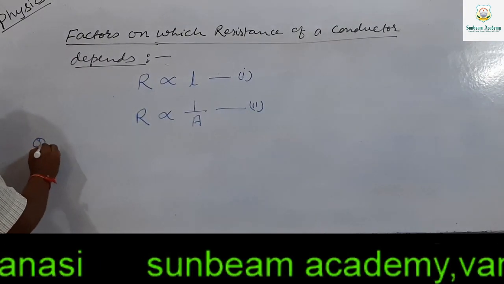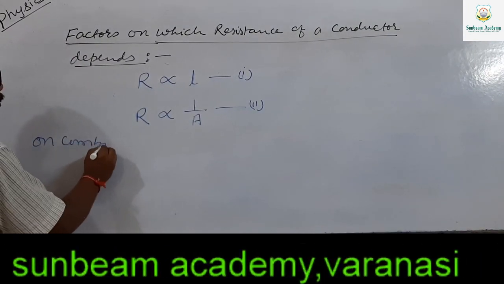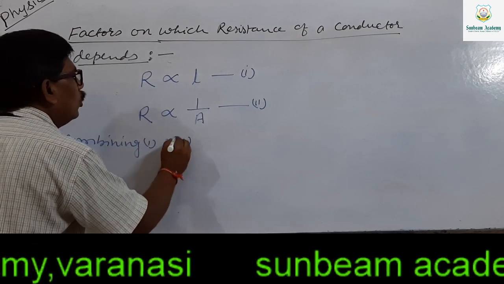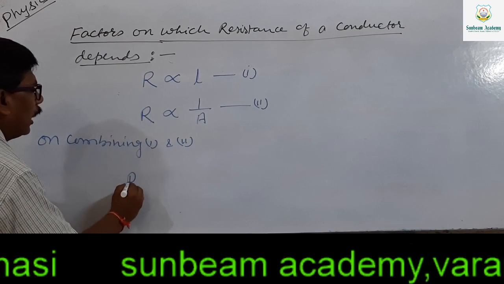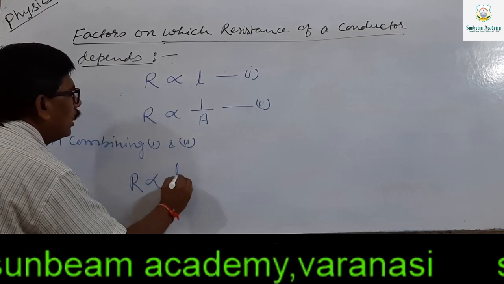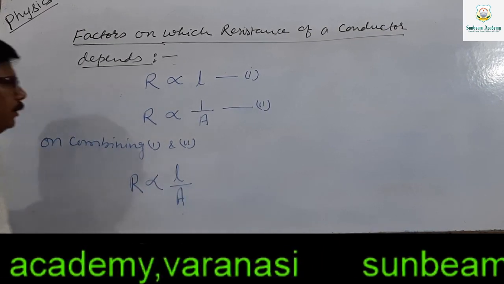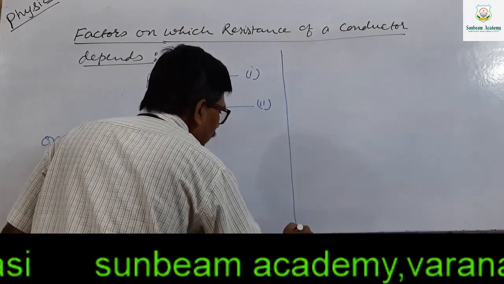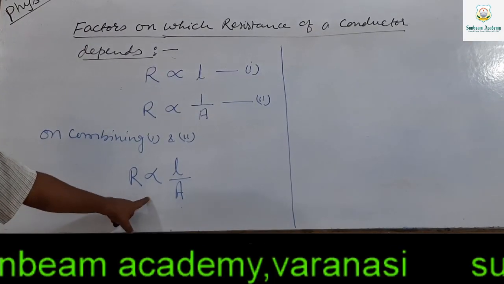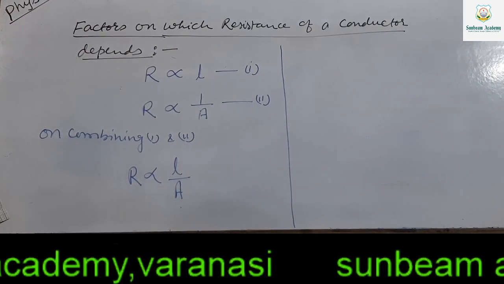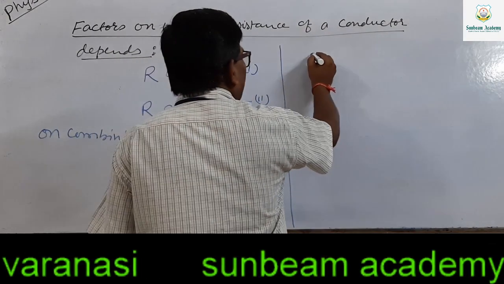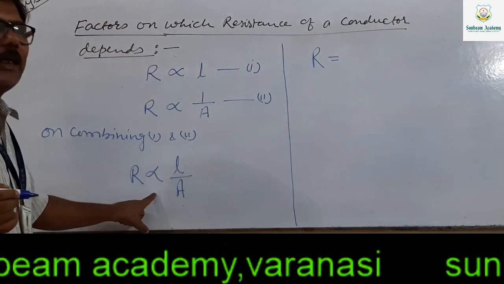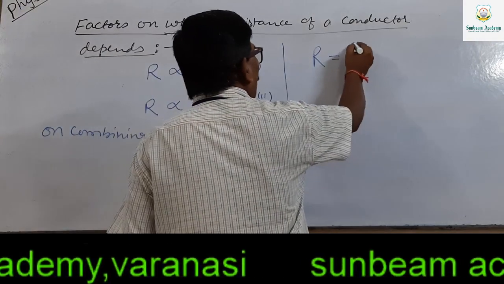On combining these two equations, combining 1 and 2, you will get R is proportional to L by A. Now, students, whenever we remove a proportional sign, we use a constant term.